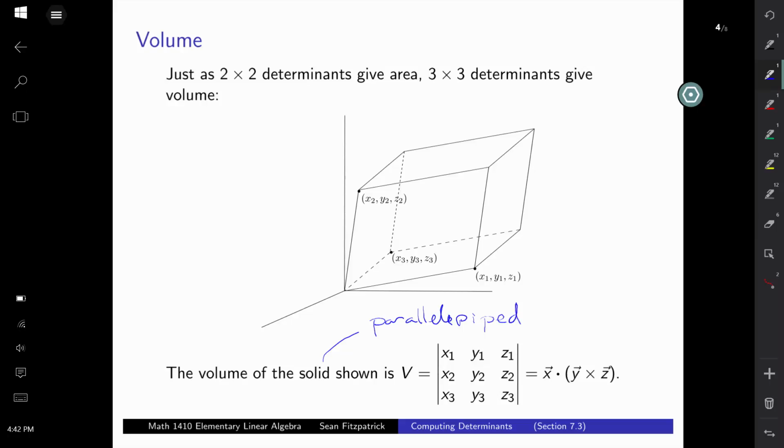So this is something which you can think of as being spanned by these three vectors here. And actually, back in chapter 3, we said that one way to compute the volume of this guy is as this sort of scalar triple product. You take the cross product of 2 of those vectors, and then you take the dot product with the third.